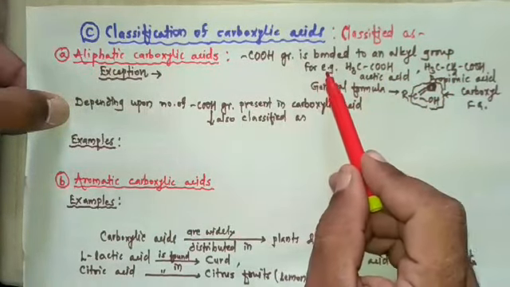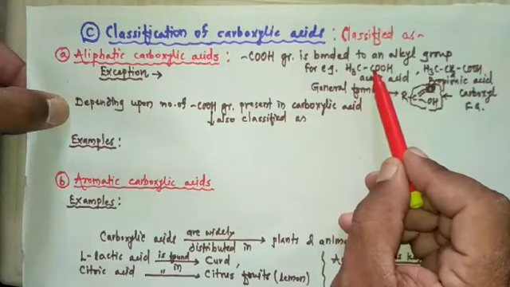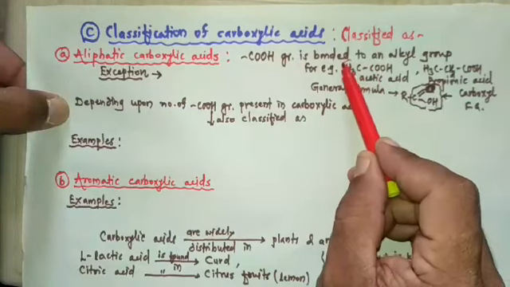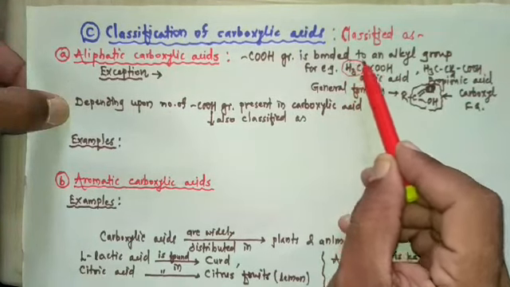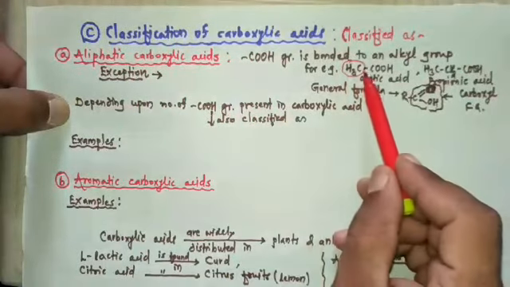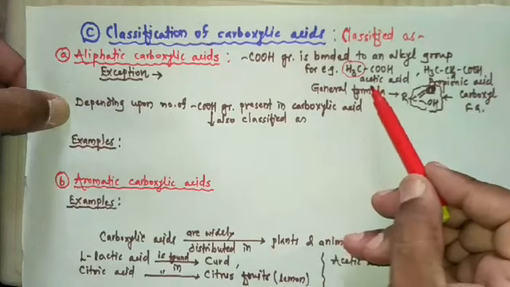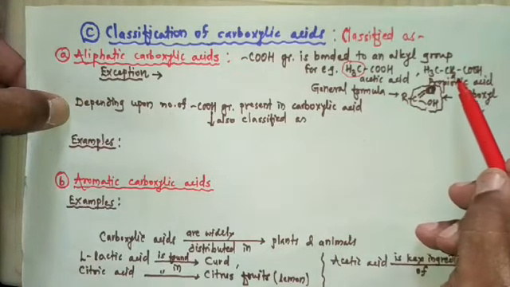For example, in this carboxylic acid, this carboxyl group is bonded to this methyl group. That's why it is the example of aliphatic carboxylic acid, and name of this compound is acetic acid. Then take one more example.